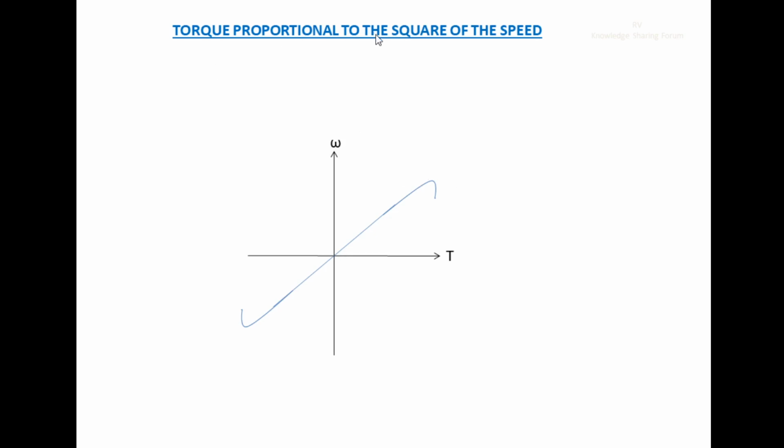So this is known as torque proportional to the square of the speed. The mathematical expression is, torque is proportional to omega square. After introducing the proportionality constant, we get T is equal to K into omega square. So these are the types of typical load torque characteristics of industrial loads.